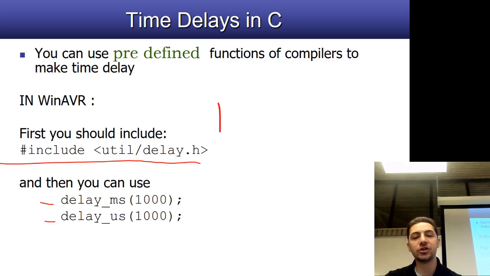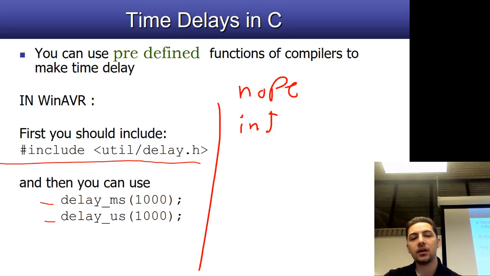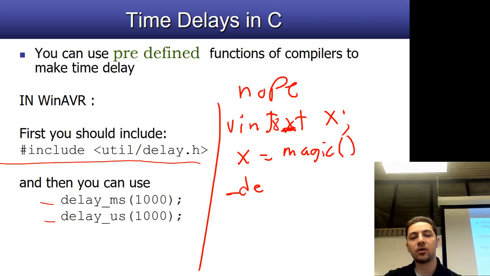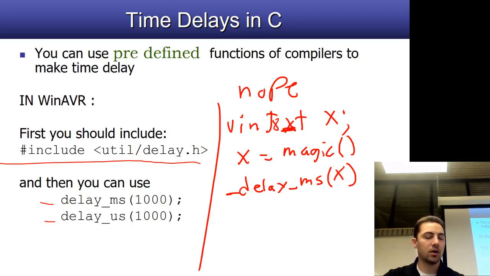What you cannot do is say uint8_t x, an 8-bit integer, x equals some magic function, and then _delay_ms(x). Okay, you cannot put a variable into this function. It has to be a constant.